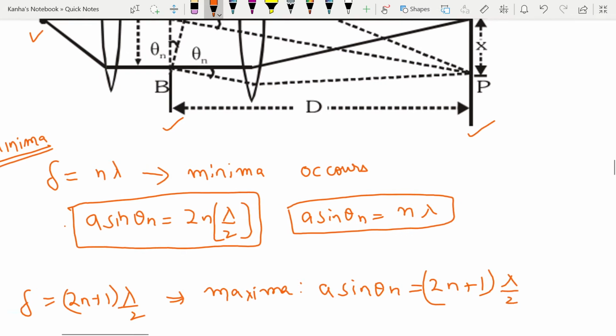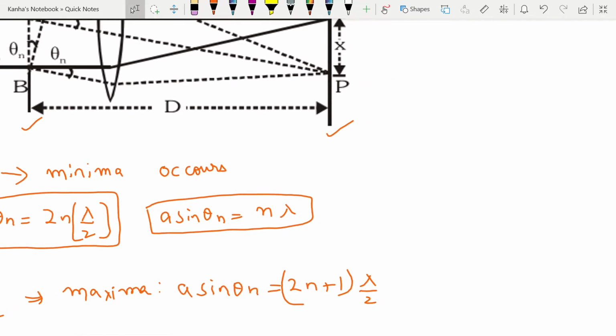This is the condition for maxima. Here n is equal to again 1, 2, 3 and so on. So from here you can see that n is equal to 1 is the first maxima, and n is equal to 2 is the second maxima.